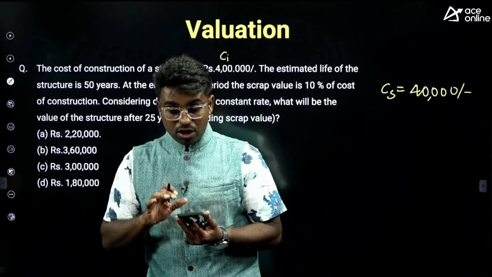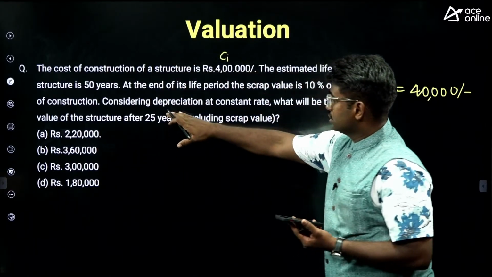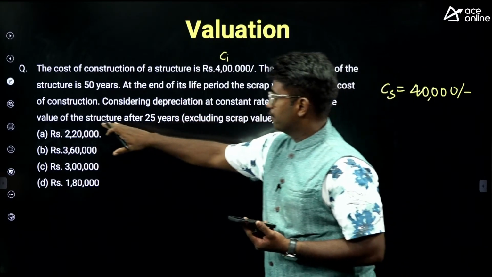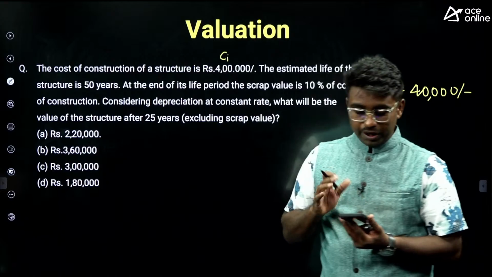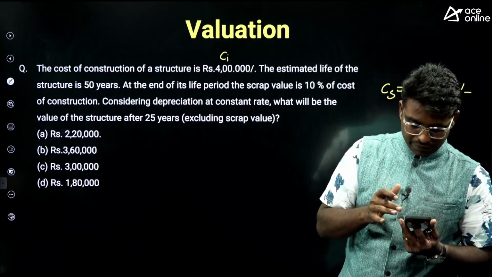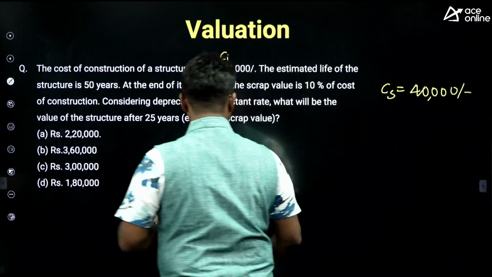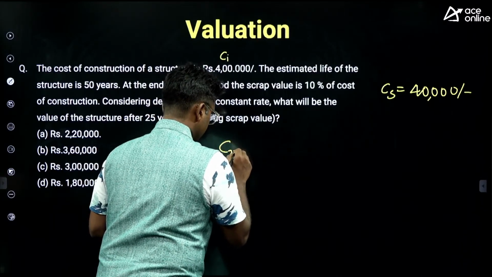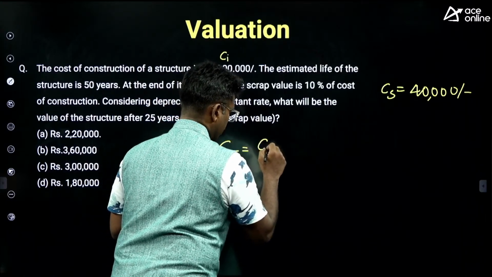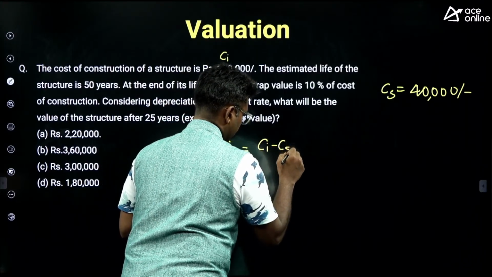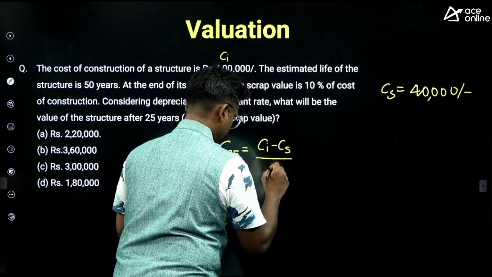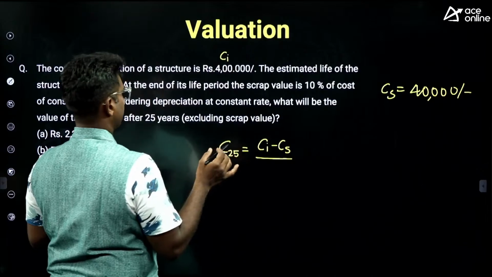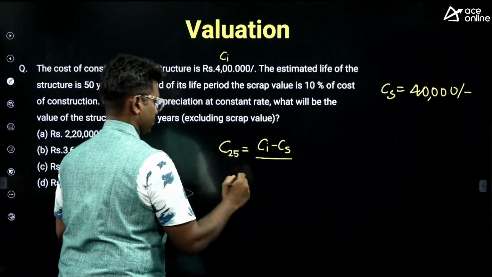Right? So what is he asking? Considering depreciation at a constant rate, what will be the value of the structure after 25 years? After 25 years, how much will it be? So it's nothing but the cost of the structure after 25 years will be initial cost minus scrap value or salvage value, divided by useful life. What is the useful life? 50 years. It's already given.